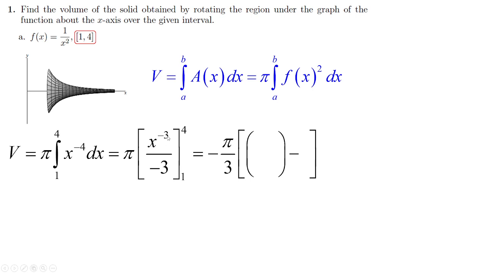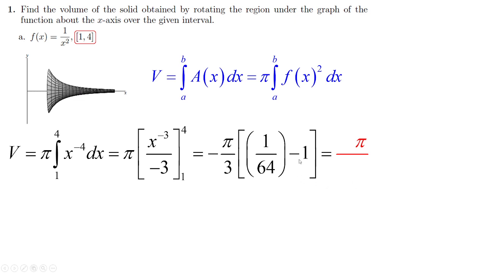What's that? 64, I think. And that would be my divisor. So I think I have 1 over 64. Yep. And then minus 1 to the negative 3 would be a 1. So let's clean this up a little bit. I've got pi, and now think about this.